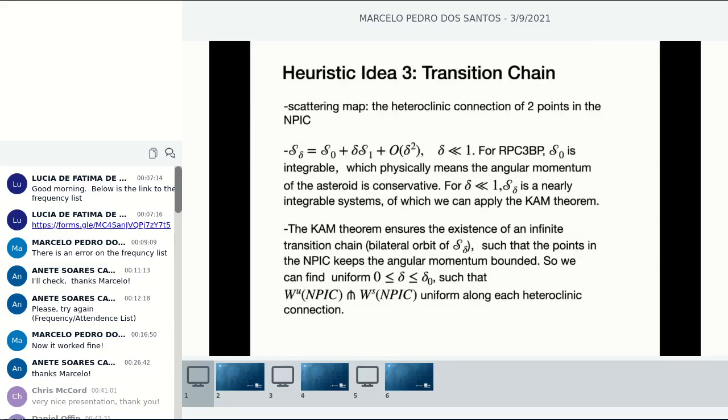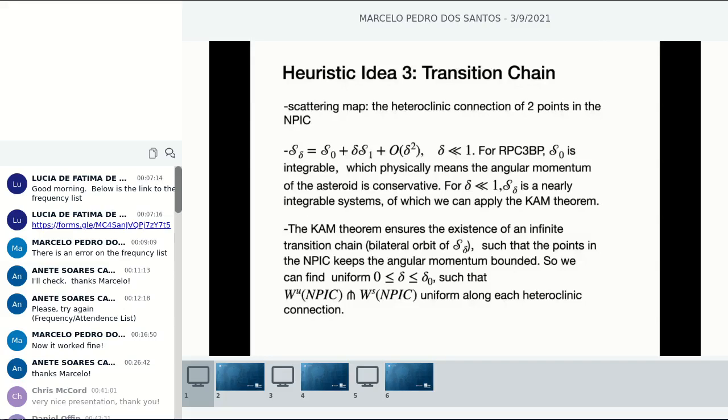So basically, as delta is a parameter, now we can make a Taylor expansion with respect to delta. So basically, we get S0 plus delta times S1, then plus delta square order terms. We know that for the RPC three-body problem, we get exactly S0.